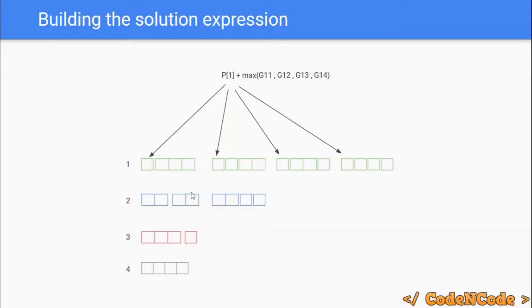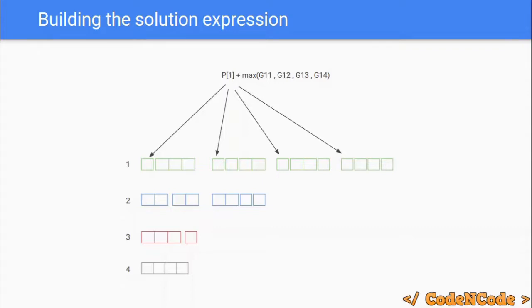Basically now you need to find the maximum of the different configurations of a length 3 rod, right? And where have you stored the maximum profit you can achieve with length 3? That is your dp of 3, right?